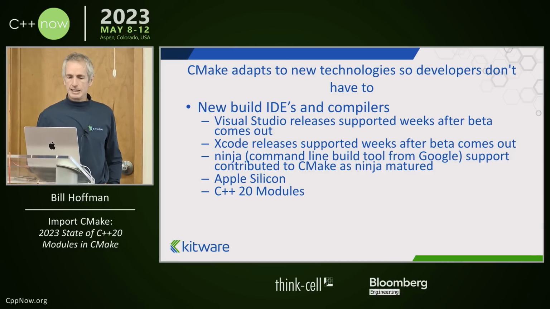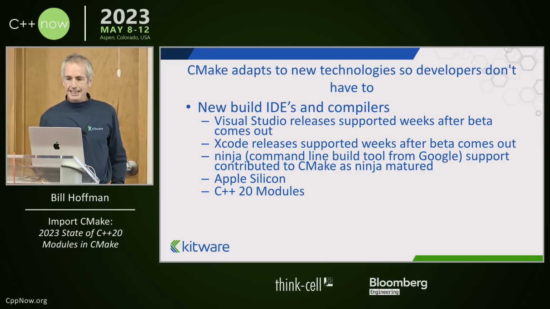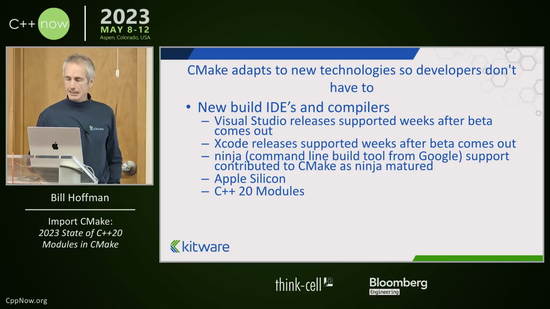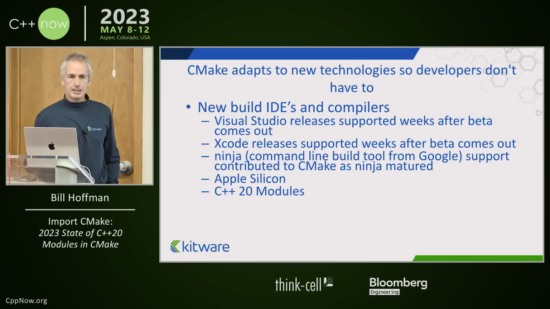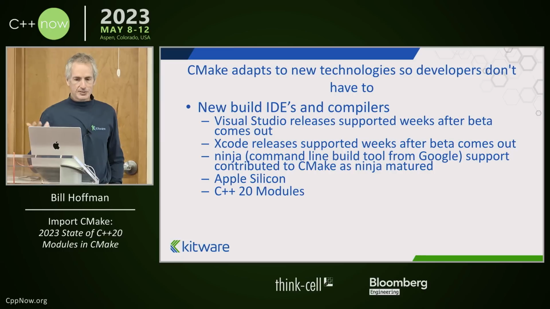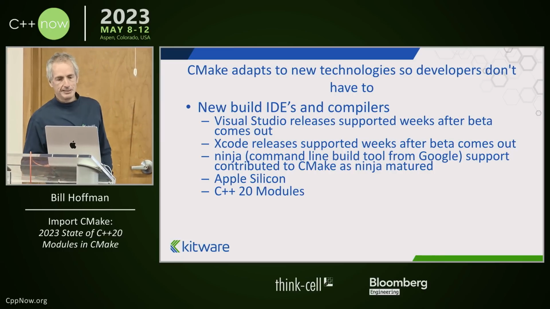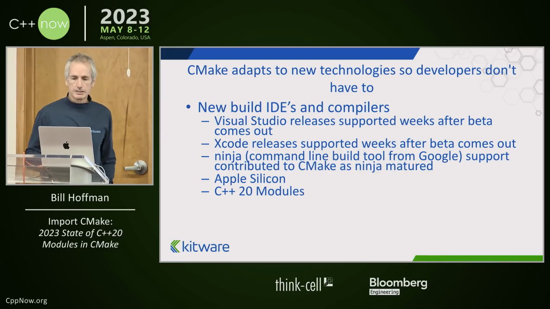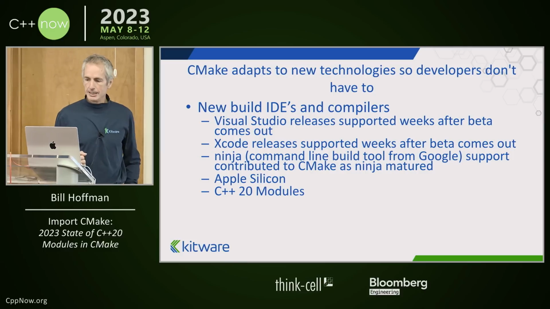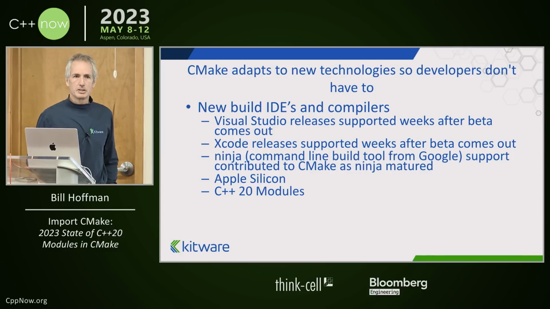And we adapt to new technologies so the developers don't have to. So if a new IDE or compiler comes out, CMake will have it. If you're already using CMake, you get that port for free. One of the biggest examples of this was the Ninja command line build tool from Google. The support got contributed to CMake as Ninja matured.